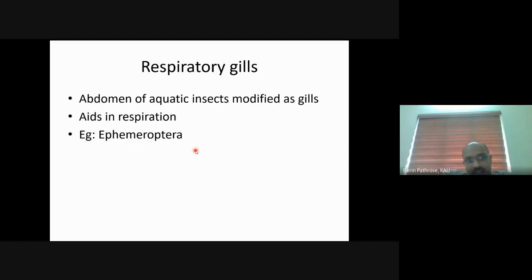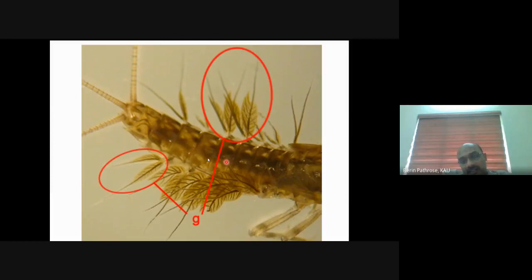And we have seen a gill in the case of modification in cerci, and in certain insects, the abdomen itself is modified as gills. This is mainly with certain aquatic insects such as mayflies. In mayflies, the abdomen itself is modified into gills, which help in respiration. See, this is the mayfly nymph.